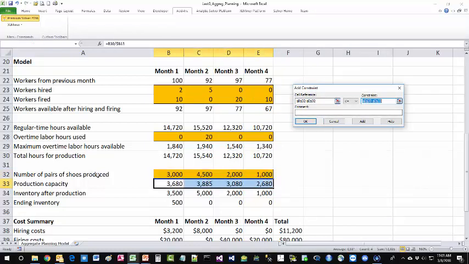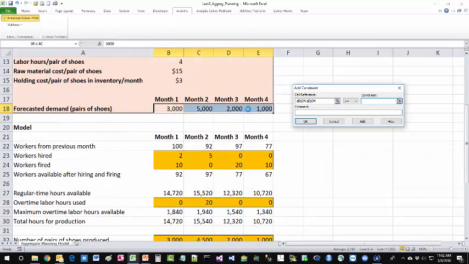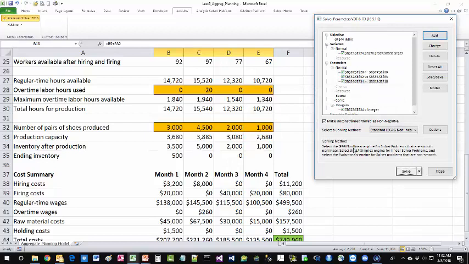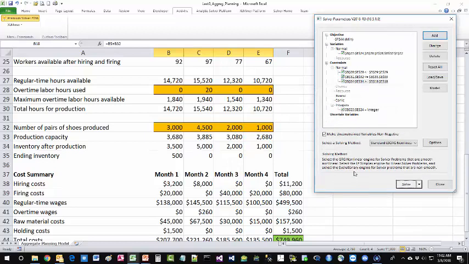The number of pairs of shoes produced less than production capacity. And finally, the number of units in inventory after production has to be at least greater than the demand in order for us to be able to meet the demand. Okay, so making unconstrained variables non-negative and choosing the LP should do it.